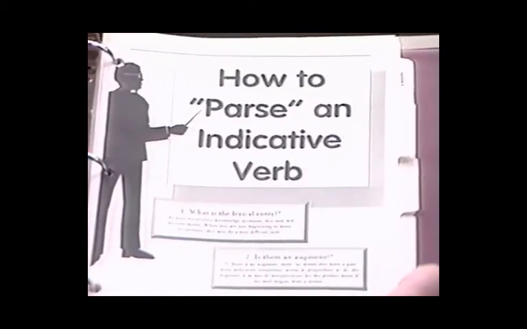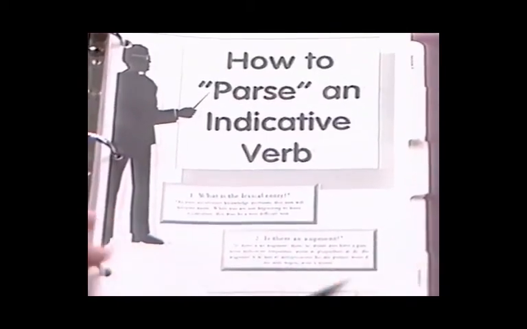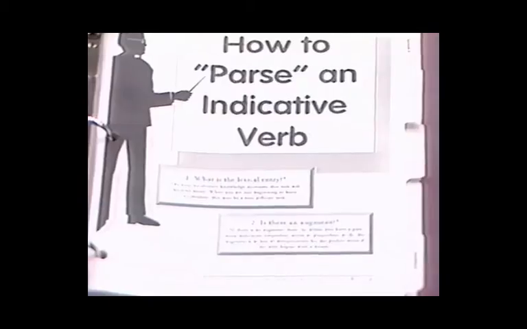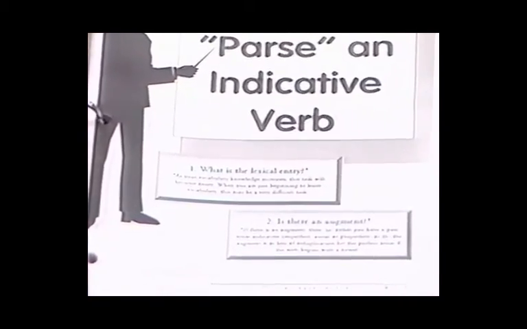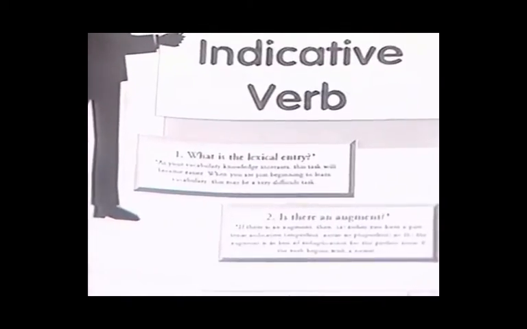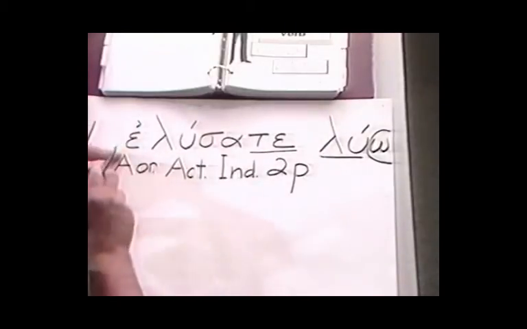Now go back to page 3-41, and let's go over the steps again. I went through them a little too quickly, but let's slow this down and look at this again. Number one, what is the lexical entry of this verb? The lexical entry is the verb luo. Number two, is there an augment? Yes, there is an augment.